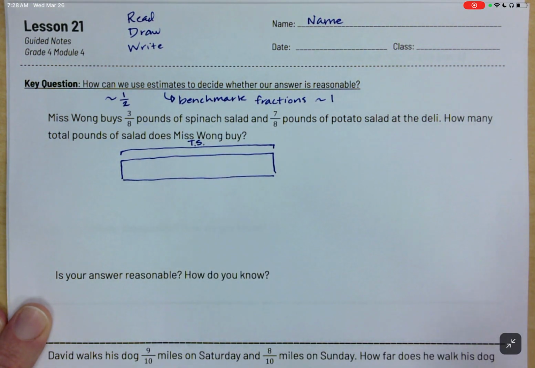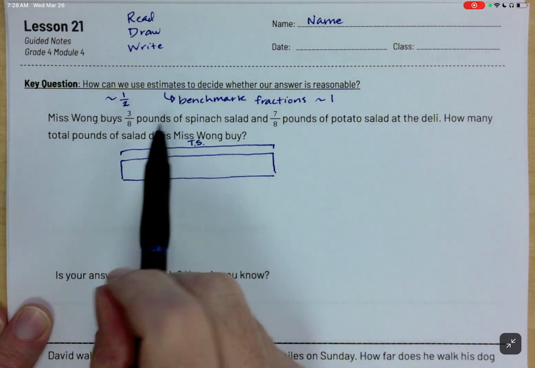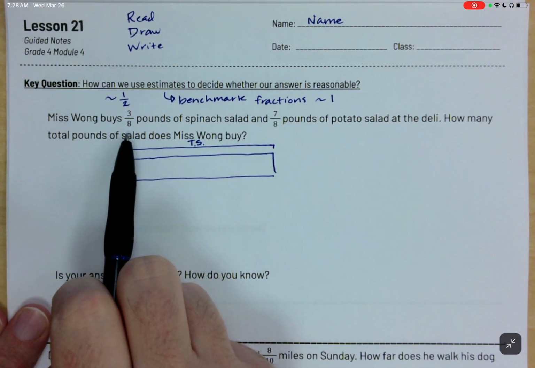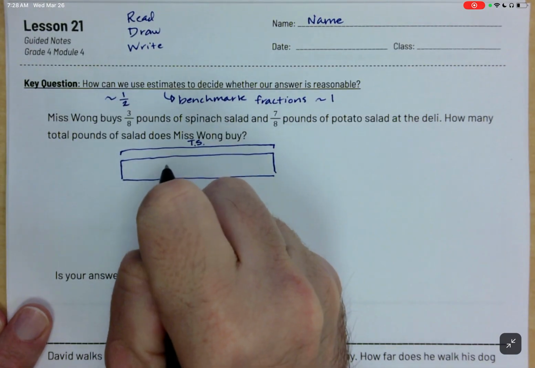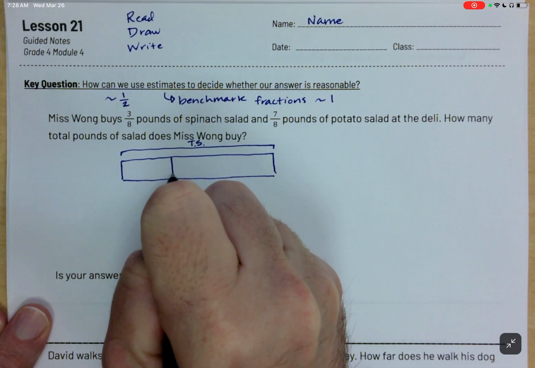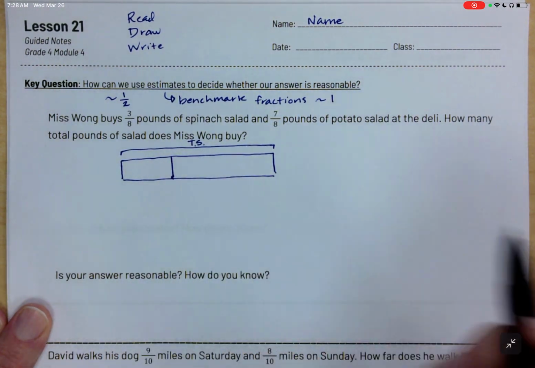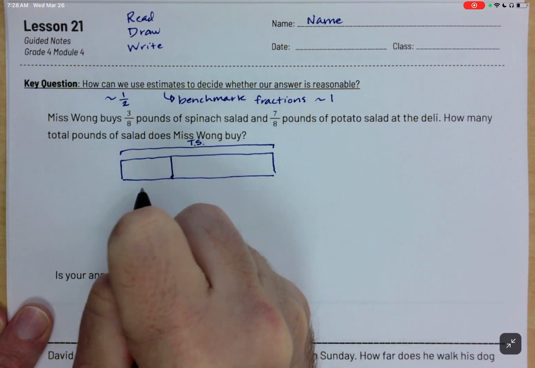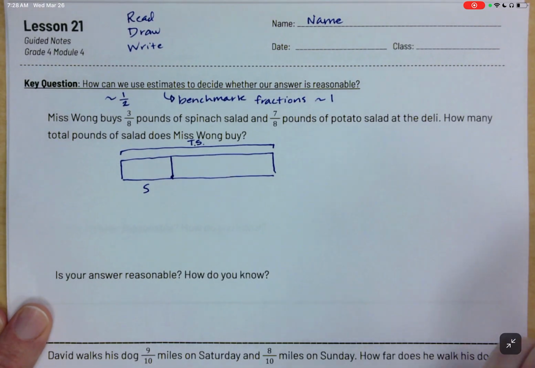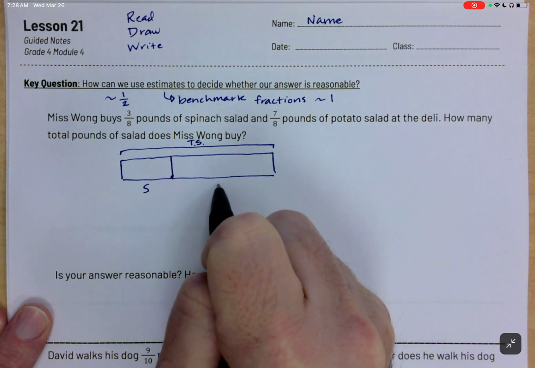Okay, so let me partition it. I know that 3/8 is going to be significantly less than 7/8. So I'm going to make this part of my tape diagram for the spinach salad. I'll put an S for spinach. This part for my potato salad.